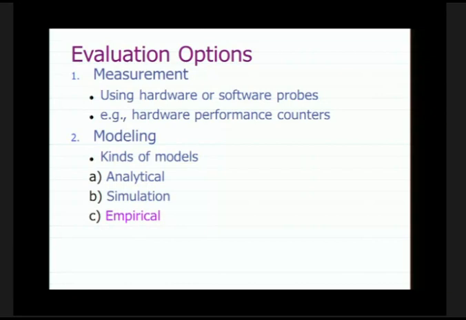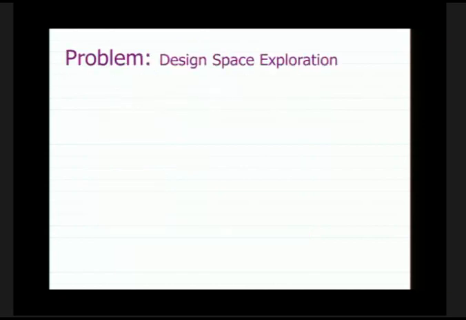With that, I said very little about analytical and a little bit about simulation. I'm going to talk very little about empirical modeling as well, not too much. As I said, the basic idea in empirical modeling is that the model building is based on observations or experiments. So you're going to get data out of experiments and you're going to use that to build the model.